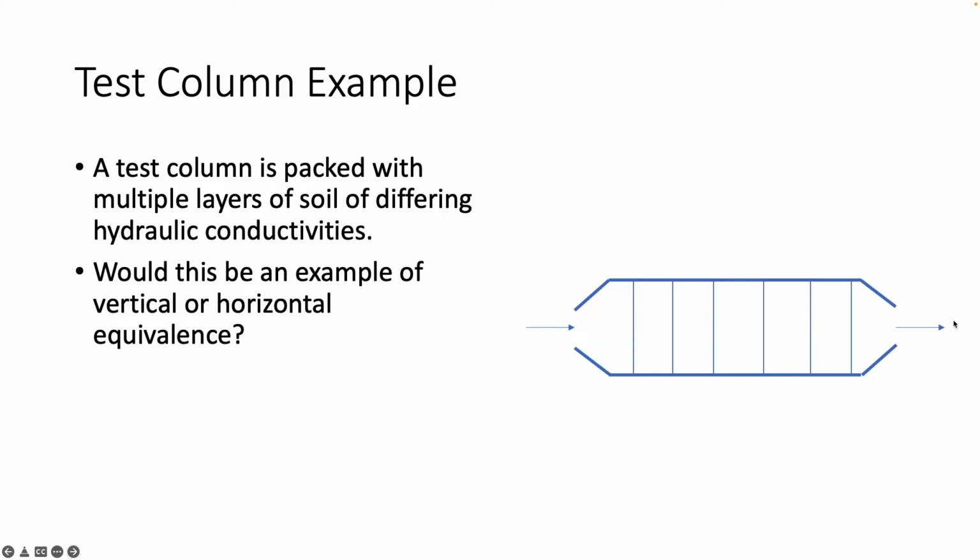How would you express this as one hydraulic conductivity? Would you consider this example as vertical or horizontal equivalence? And that's really important when it comes to understanding how to calculate these types of systems.